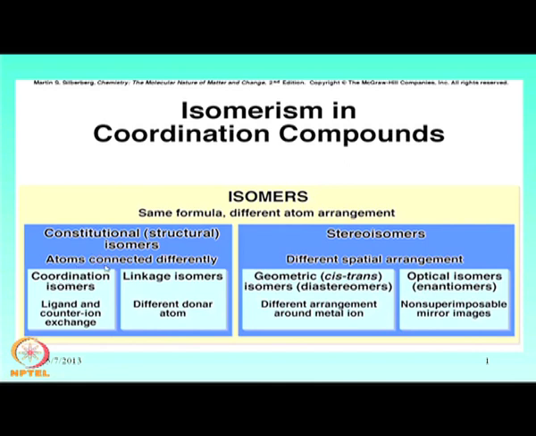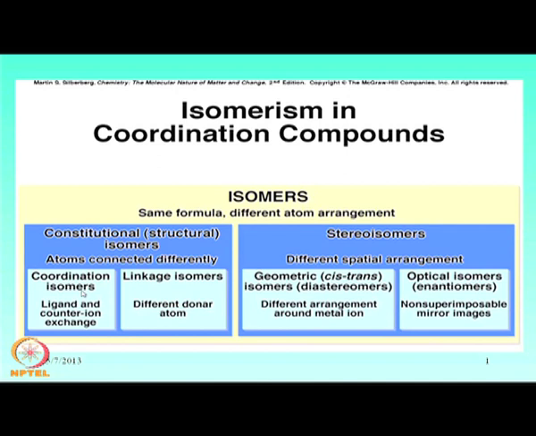In the first case, when the atoms are connected differently, that means different atom arrangement, how can we see this? We get the coordination isomers, and the very basic definition is that it is related to the formation of the coordination compound itself, where the ligand and the counter ion exchange.